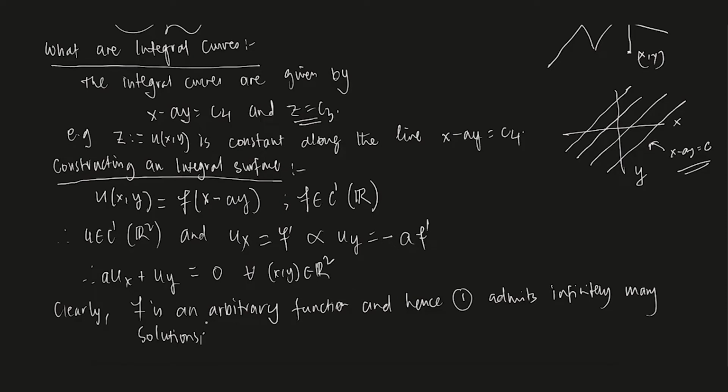So what we did is, how did we find the surface? We looked at the surface S which we are looking for, which should be constant along x minus ay lines. If you look at the graph of the function, that should be constant, and with the help of that we constructed u as some function f of x minus ay.